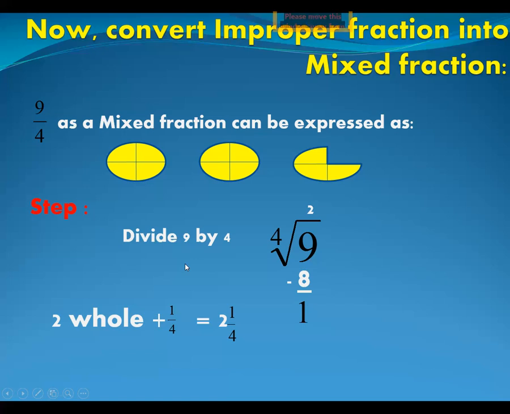You will need a divisor and a dividend because we have to do division here. And if you remember, my children, when I was explaining the introduction of fraction and we were discussing the parts of a fraction, I already told you that the fraction bar present between the numerator and denominator is also a sign of division. It means this fraction bar means that you have to divide the numerator by the denominator.